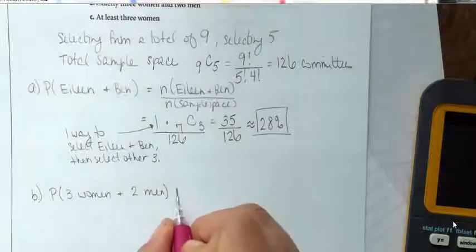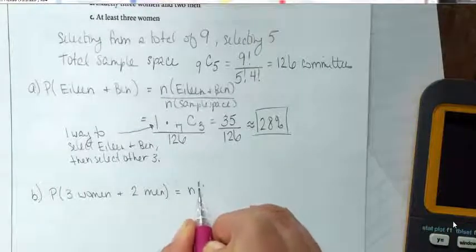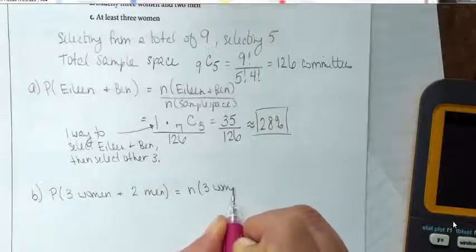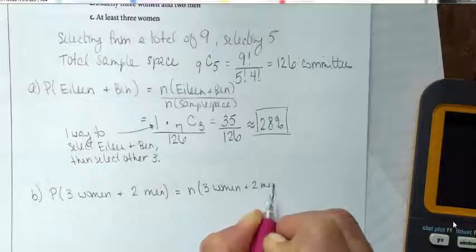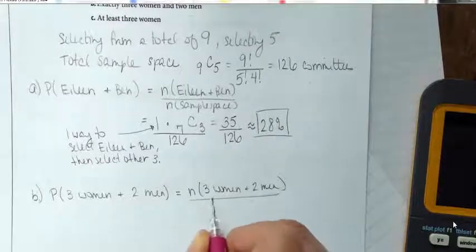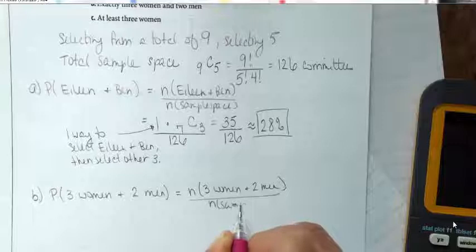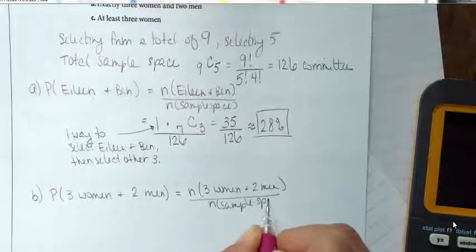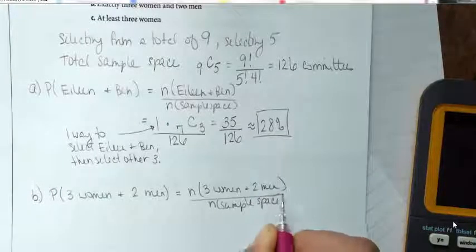All right, so I want to figure out the number of ways that I can choose 3 women and 2 men over the total number in my sample space, which we already have. We did that in the very beginning. It's 126.